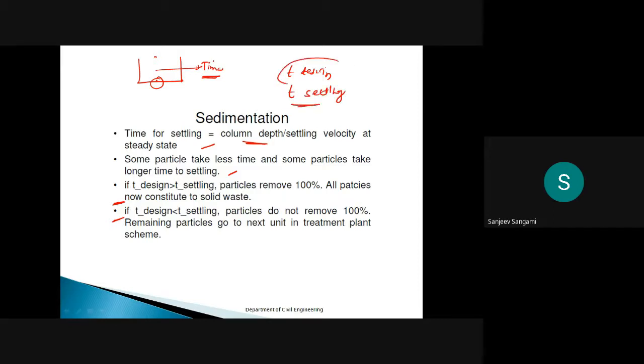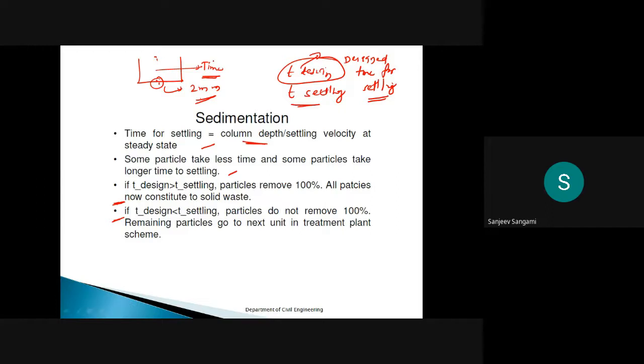T design means the designed time for settling. You design one tank so that this particle should settle within 2 minutes, based on the particle's shape, size, and density or specific gravity.